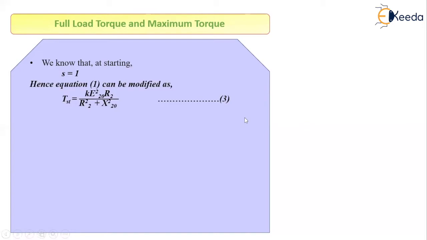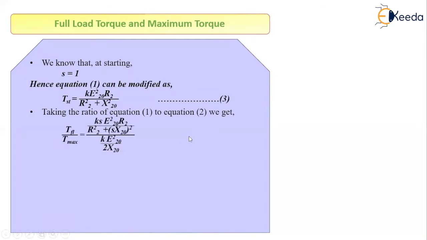So now we have the values of the 3 torques, that is full load torque, maximum torque and starting torque. Now we are going to derive the interrelationship between these torques. First of all, we are going to take the ratio of the full load torque to maximum torque. So let us take the ratio of equation 1 to equation 2.